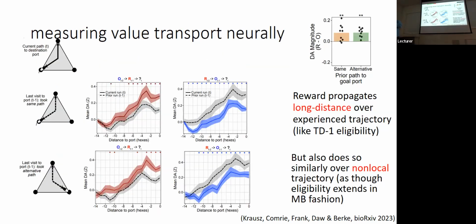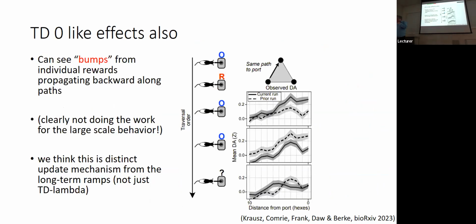Now, this part I think matches what we would have expected from behavior, although not what we would have expected from temporal difference learning, at least naive temporal difference learning. But it is also the case that if you look carefully, and this is a little harder to see in the averages, I'm quite convinced that it's also real.